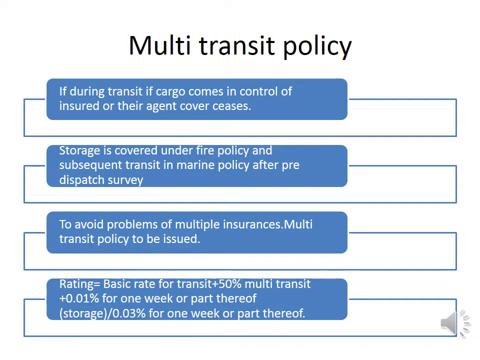Now my ship is coming, I am unloading my cargo in my own port, and then from my own port it is going to my own factory. What is the destination? Factory. The port is not the destination, but the port is mine. So if there is any damage in the port under my control, one should not say the cover ceases. It has to be discussed. And see what happens: the recovery will be prejudiced. You will not get any recovery.